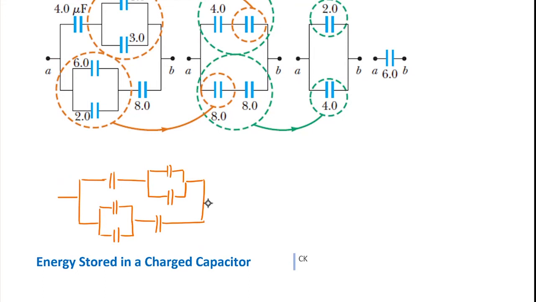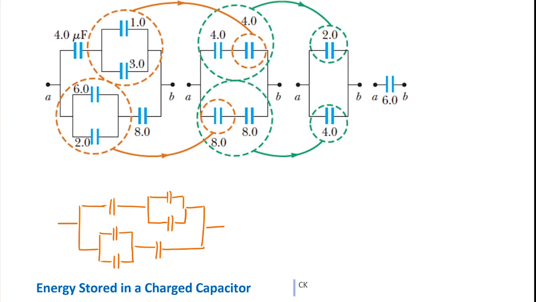So you're given this. Good. And then the amount is 4.0 microfarad. Actually, even microfarad is huge, so they use picofarad. But, and then this is 8.0, and this is 1.0, and this is 3.0.